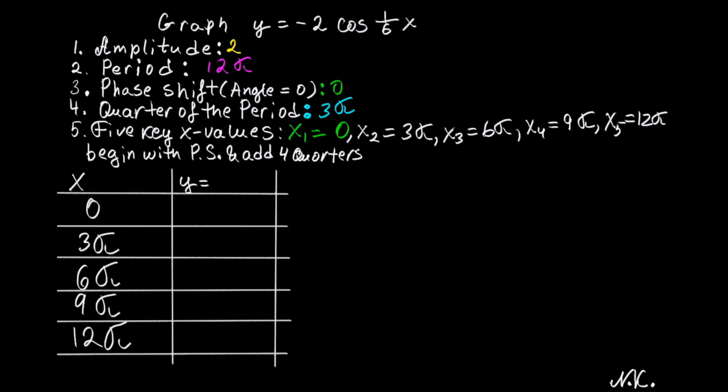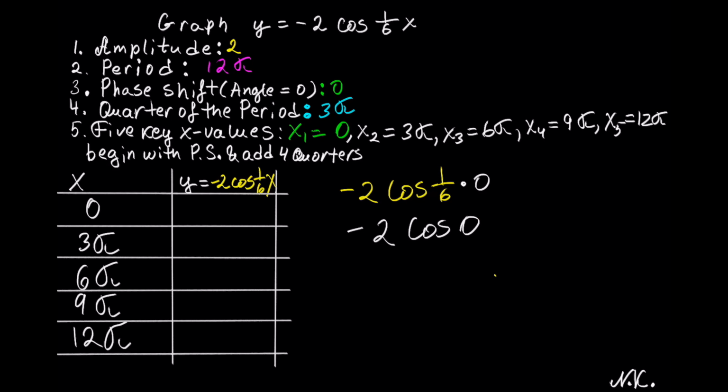And we need to substitute these into -2 cosine of 1/6 x. So let's substitute the first x value into -2 cosine of 1/6 x. Instead of x, let's plug in 0. This will give us -2 times cosine of 1/6 times 0, which is 0.